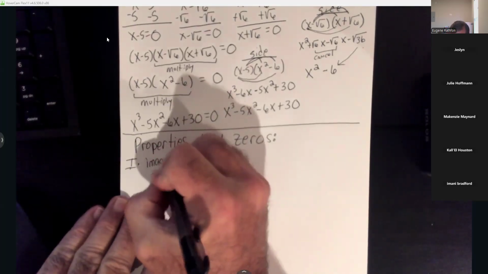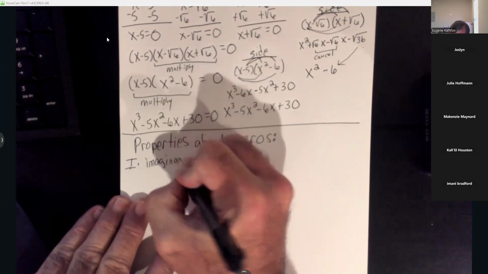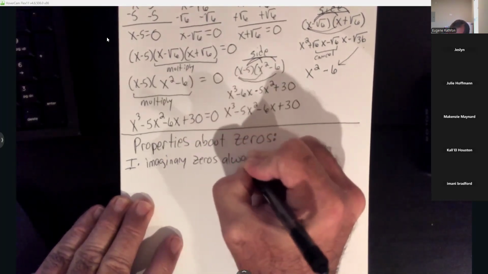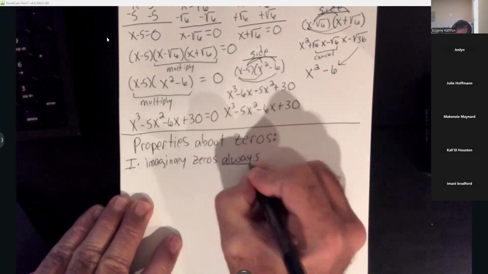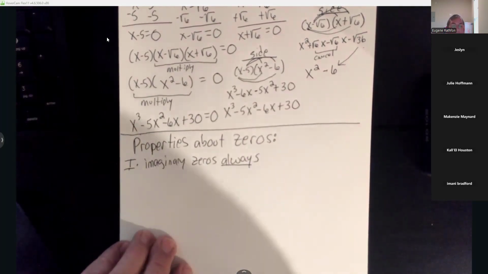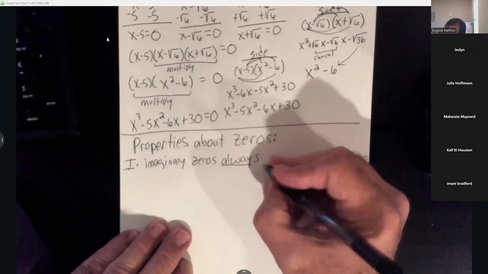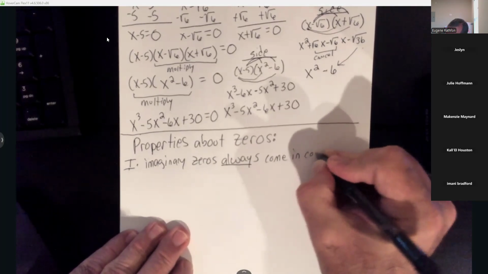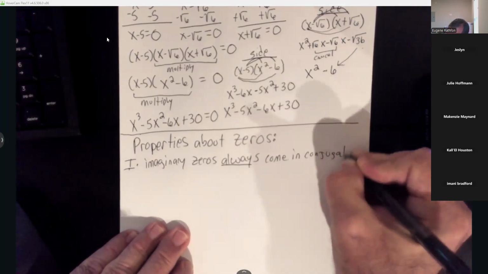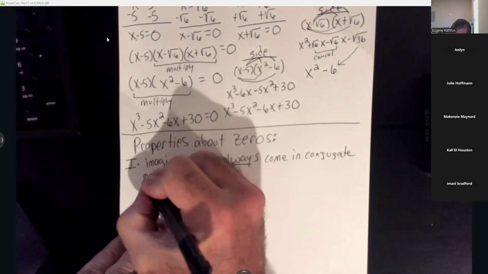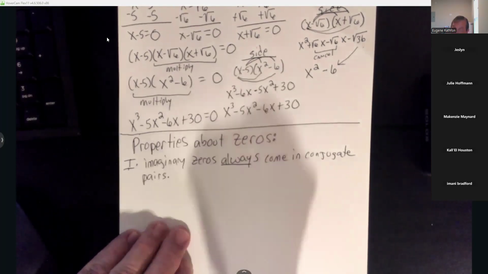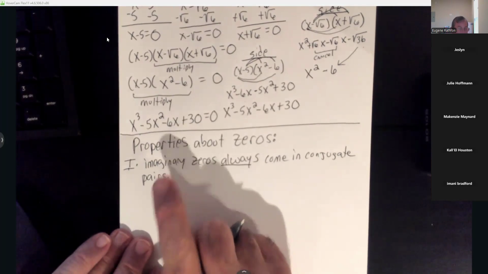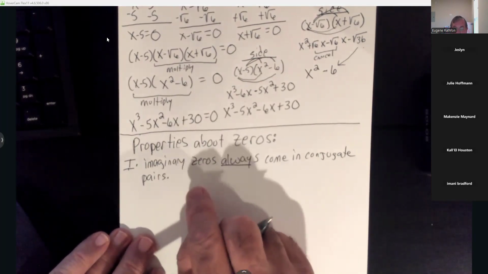Imaginary zeros, always. And you can underline that always. Imaginary zeros always come in conjugate pairs. Okay? They always come in conjugate pairs.